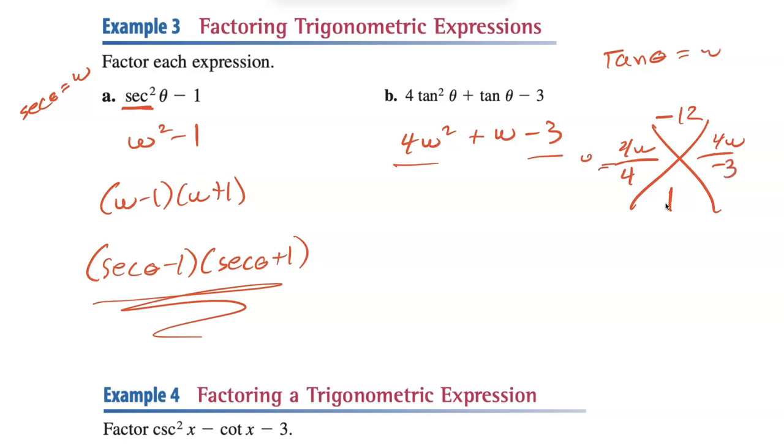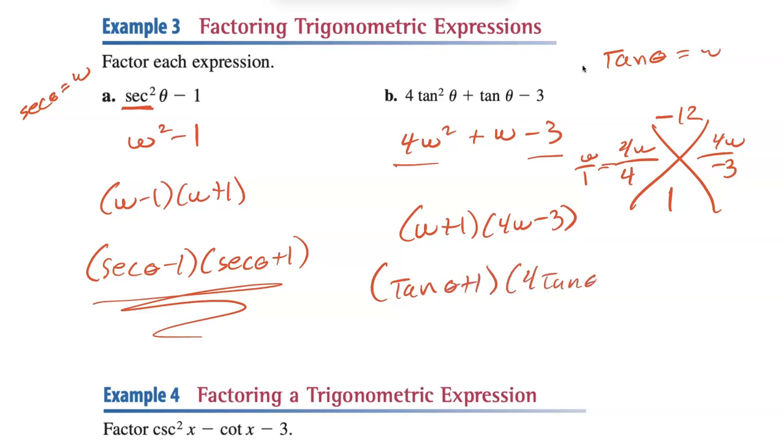You reduce this, and I get w plus 1, 4w minus 3. I did all that, factored it, and instead of w, I'm going to put back my tan. So tan of theta plus 1, 4 tan of theta minus 3. Again, you don't have to do that. If you're good, you can just factor it normally. But if you're having a hard time, it's easier just to make one of the variables w and then factor from there.